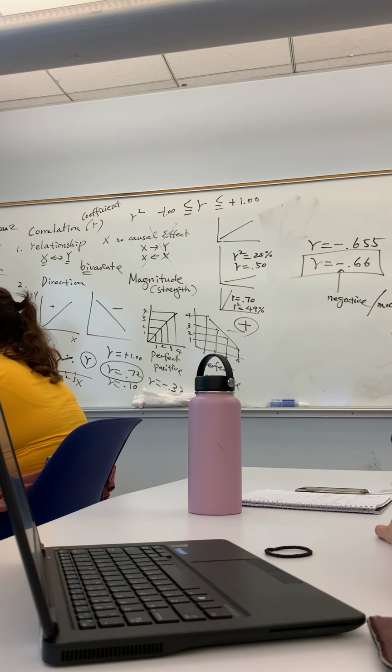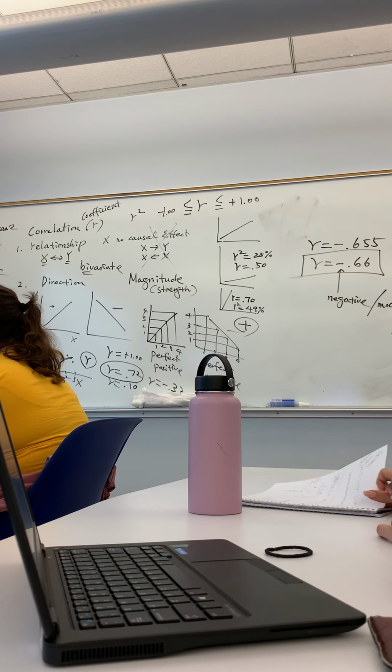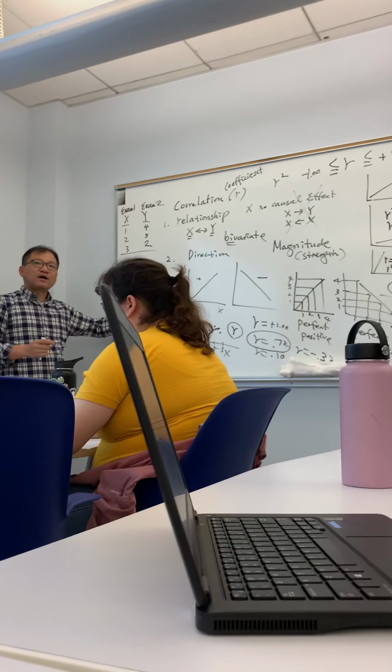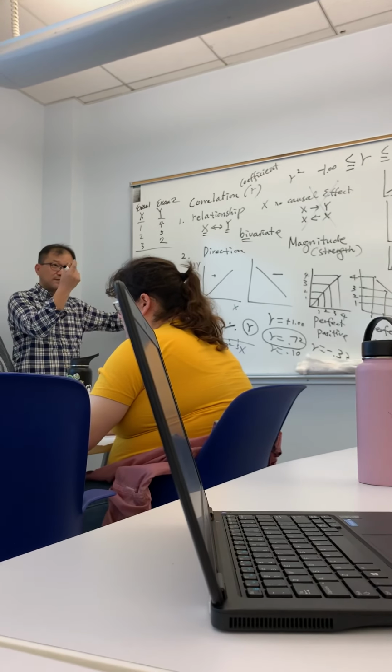Next, which is maybe the most confusing for you, number 3, let's calculate their degrees of freedom. Here, listen, n means the number of paired sets.